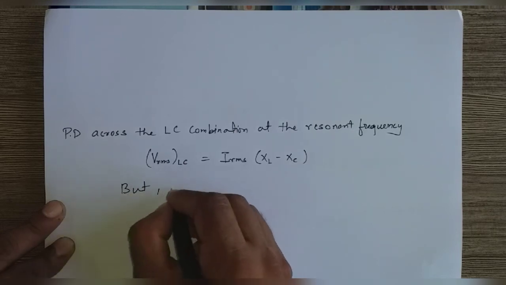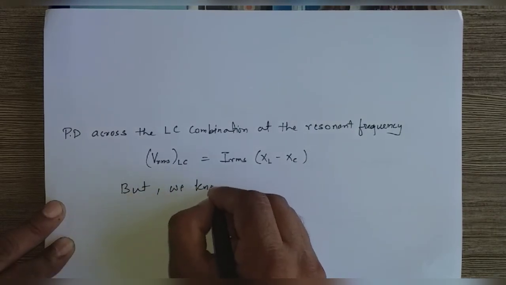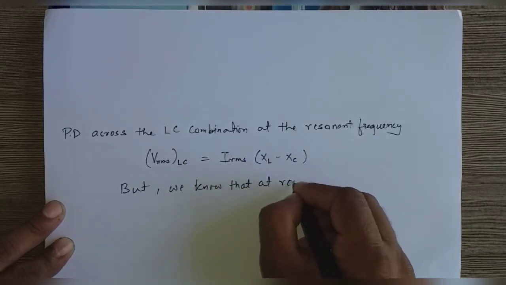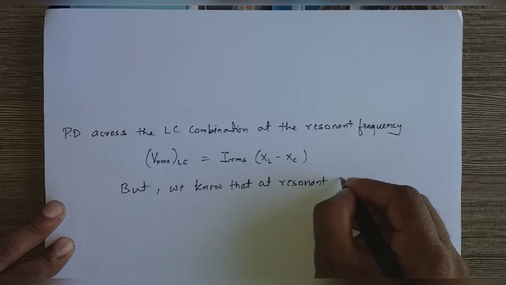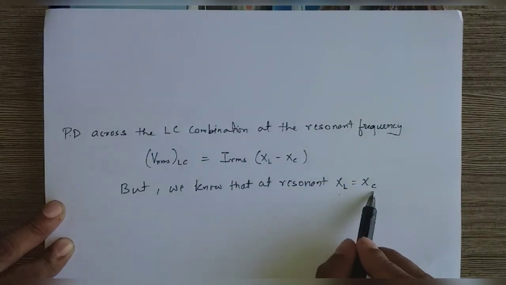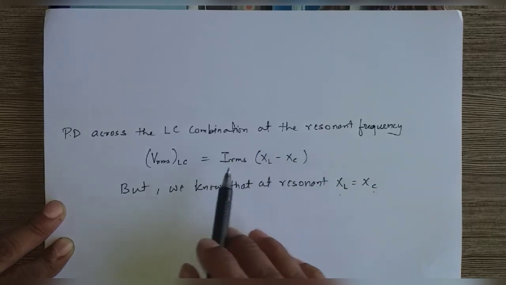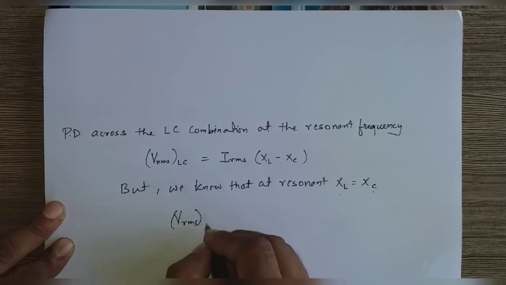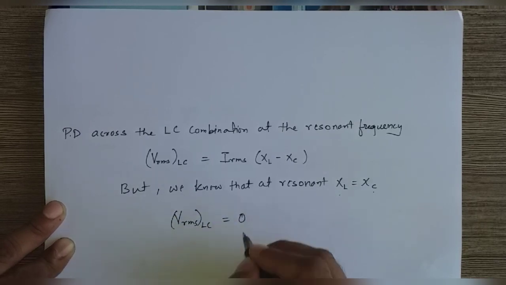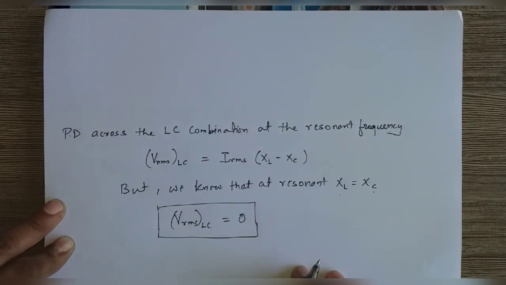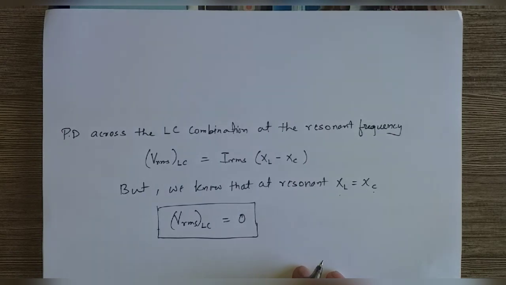But we know that at resonance XL is equal to XC. If XL is equal to XC, then this term will be 0. So the entire potential drop across the LC combination will be 0. So we have shown that the LC combination potential drop is 0. Clear? Thank you.